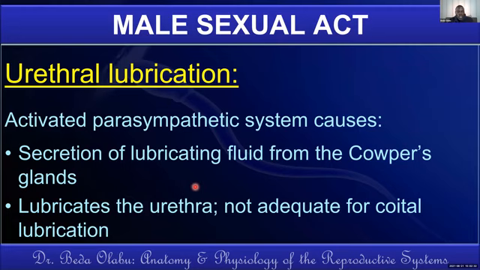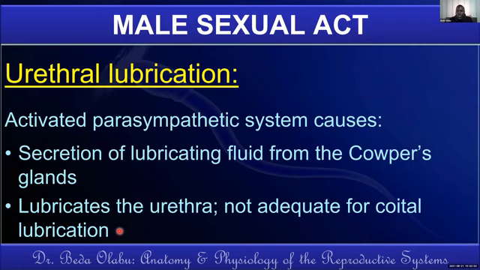The lubrication that is adequate for coitus must come not from the urethra, but from the female. So the lubrication that is adequate for coitus usually is from the female, not from the male.